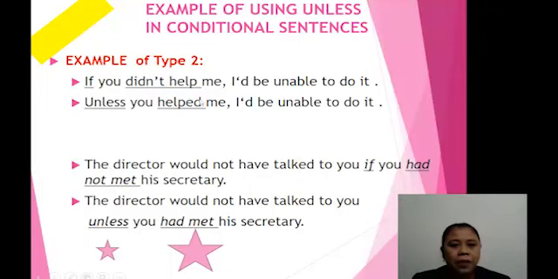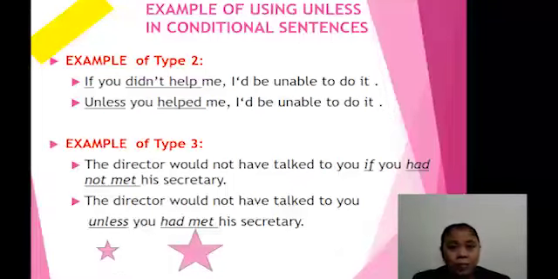Unless you helped me. The help here must be changed into positive past because there is did. Unless you helped me, I'd be unable to do it. Okay?